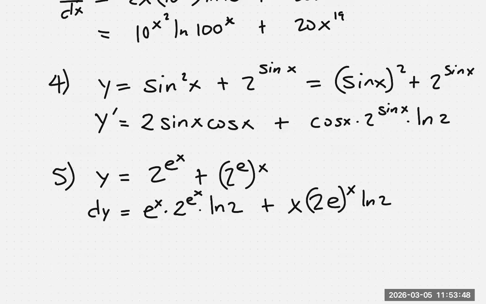All right, let me give you a hint. Fix up this first: e ln 2 times 2 to the ex. Go again. E ln 2 times 2 to the ex.